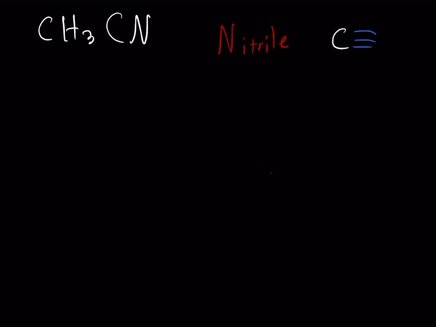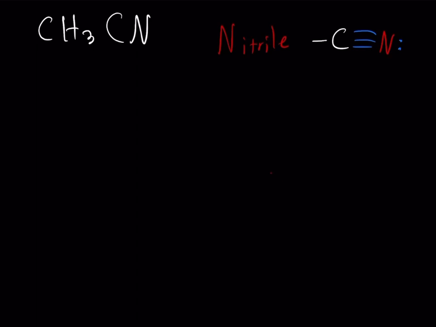So now let's go over some more examples. So let's go over CH3CN. How would you draw the Lewis structure for this? Whenever you see CN next to one another, this is called a nitrile functional group, and the way it looks is going to be a carbon, which is triple bonded to the nitrogen, and then the carbon is attached to whatever else.